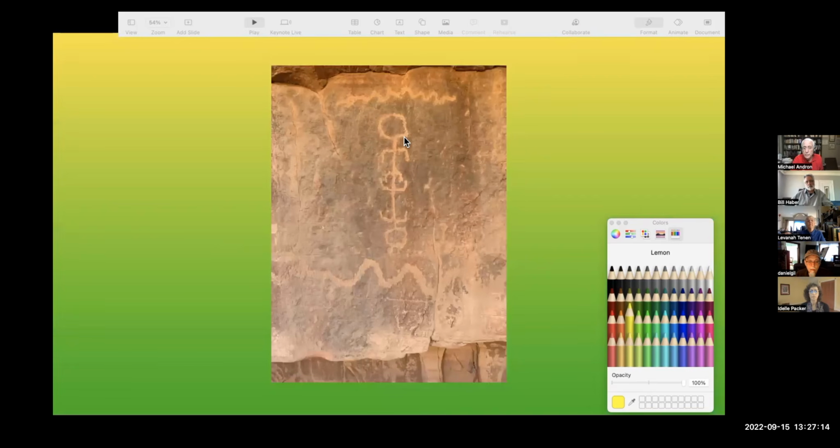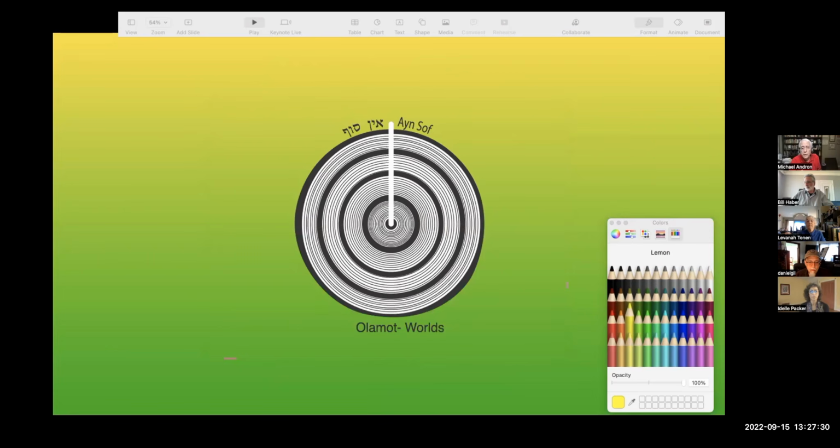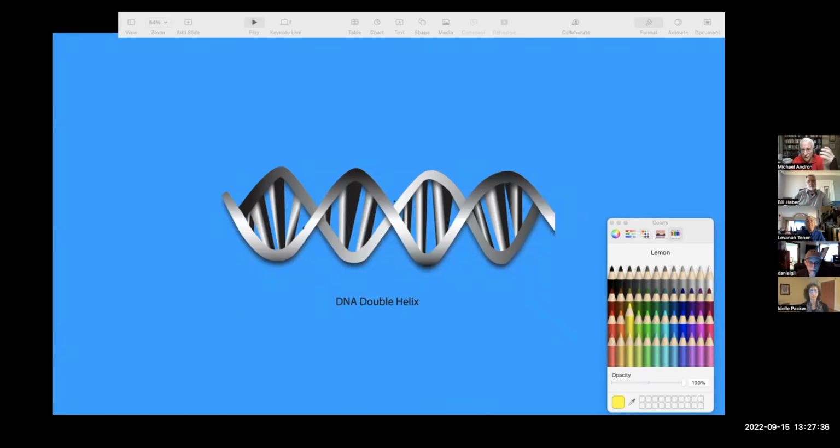Here too, on a mountainside in Nevada, you had similarly 1, 2, 3, 1, 2, 3, 1, 2, 3. It was the same picture. And the way the olamot, the four worlds, are done, this picture was exactly the same as the Jewish version of the picture. They all saw something there.